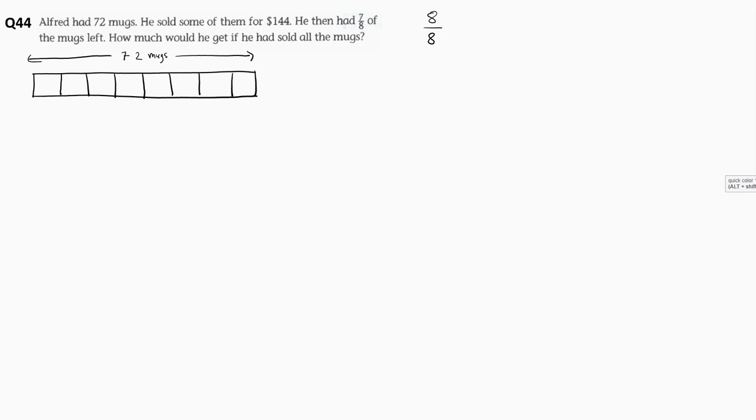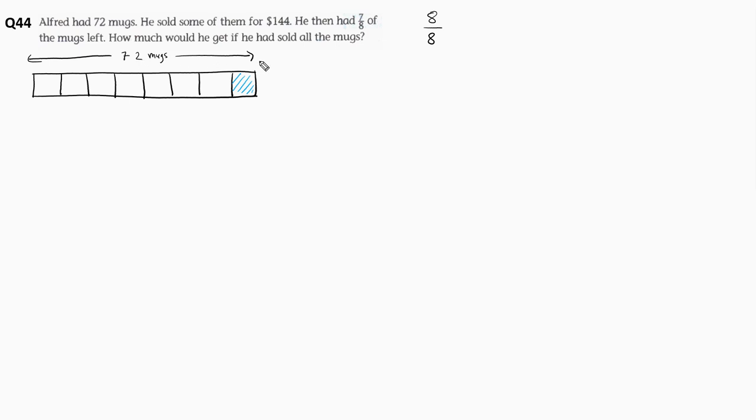But we can double check that if we like. So if he's got this left, 1, 2, 3, 4, 5, 6, 7 left, we can see, yes, he sold 1/8. So he sold 1/8 of the mugs.